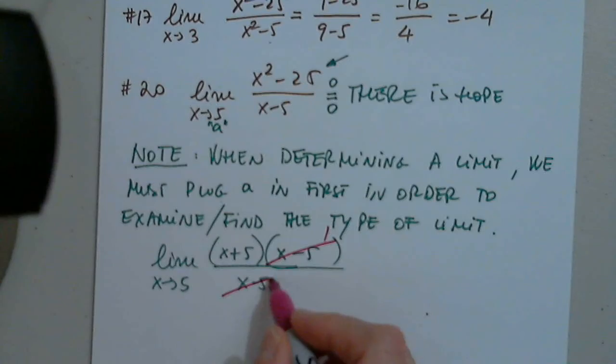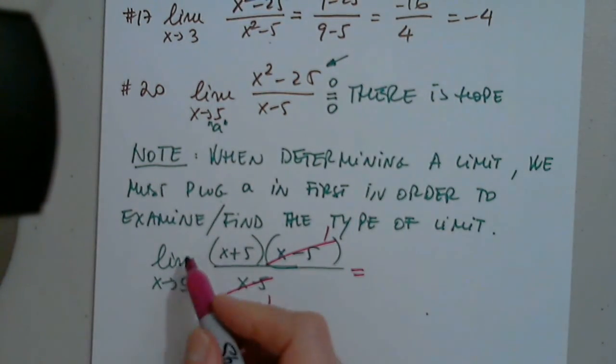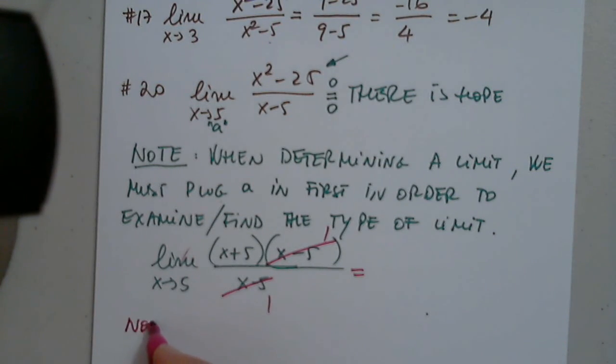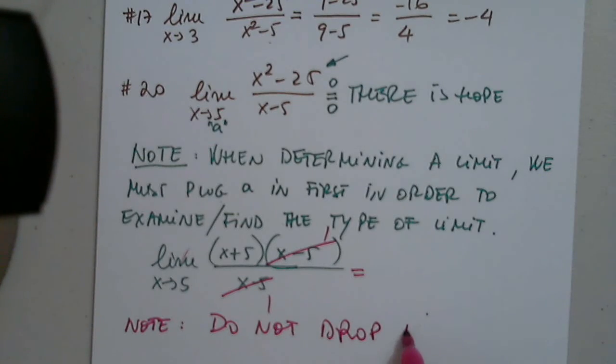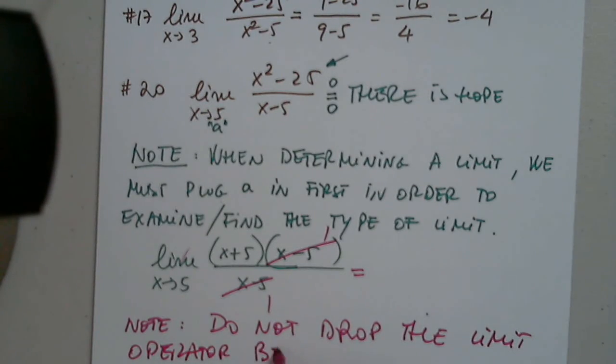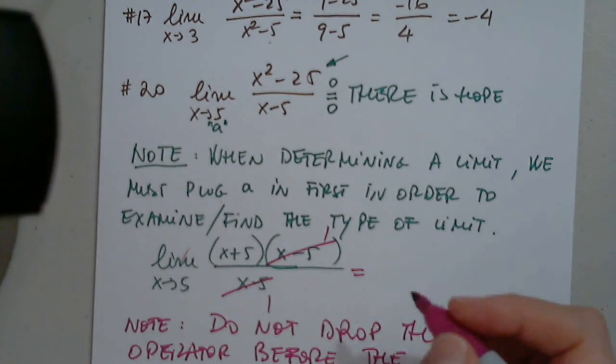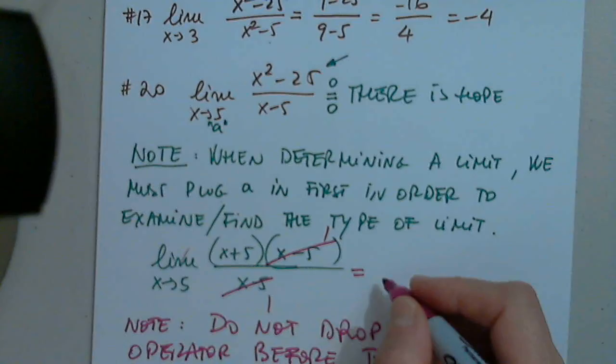Simplify. Now, please plug in the 5. You drop the limit operator. This is another note. Do not drop the limit operator before the very last step. Good, so what is the answer then? 10. That's it.